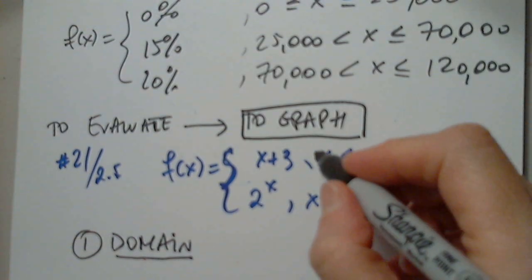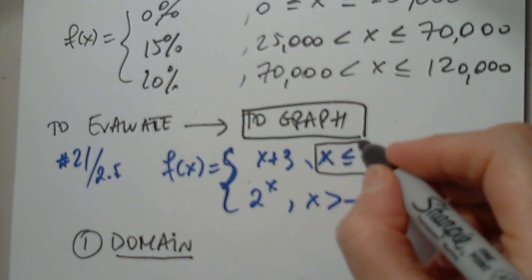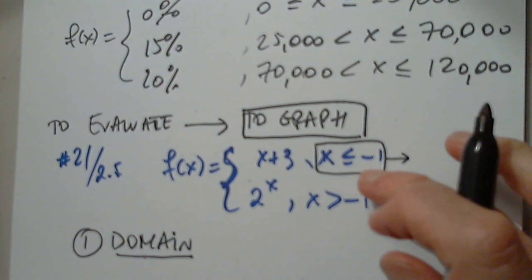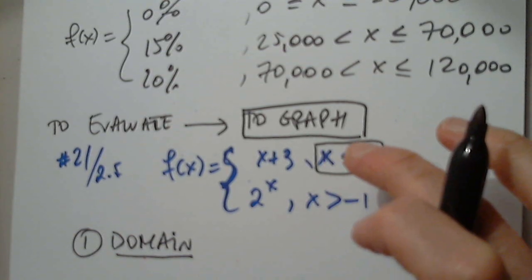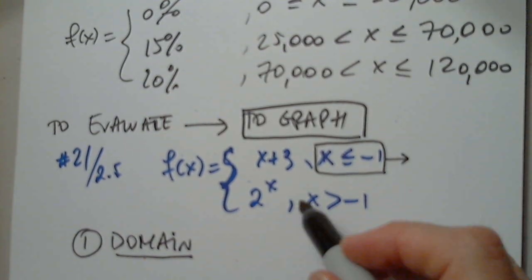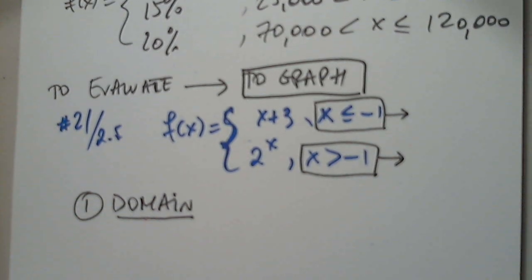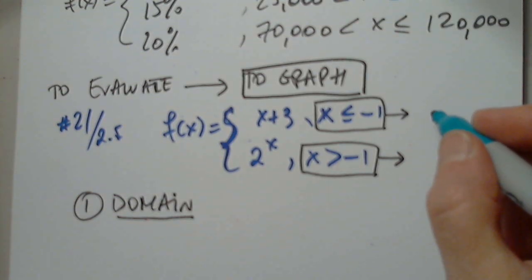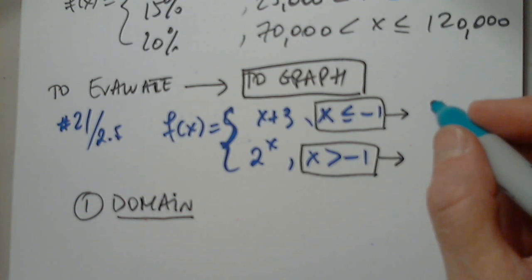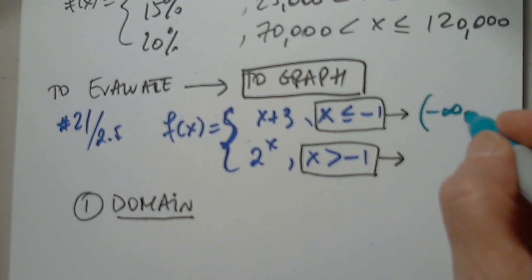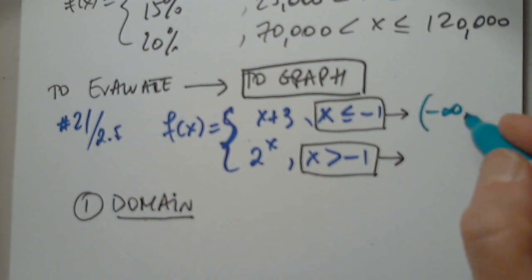Good. So what I recommend is change this into an interval notation. Can anyone change this, x less than or equal to -1, into an interval notation, and then this one into the interval notation? Anyone, please. The first one would be infinity to -1. You mean negative infinity to -1?